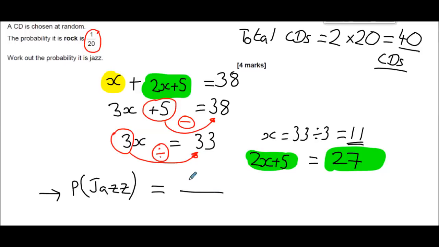So because we've got 27 jazz CDs, and there's 40 CDs in total, then the probability of picking jazz would be 27 over 40. And that's our final answer for question 25.